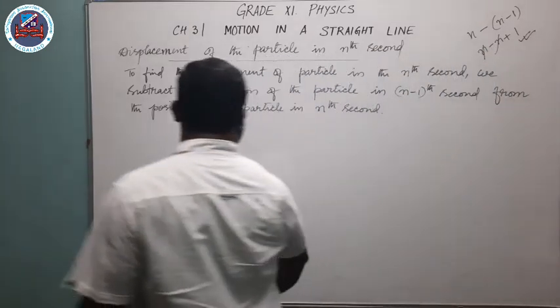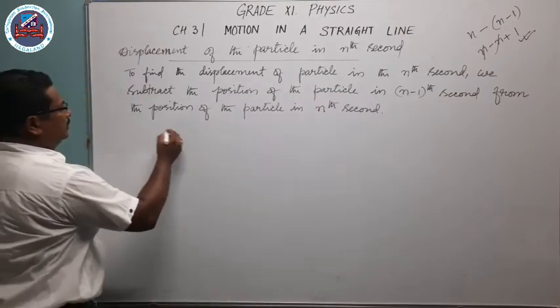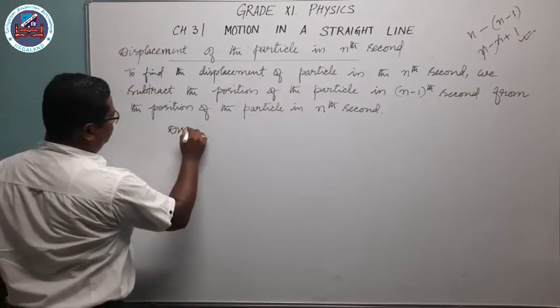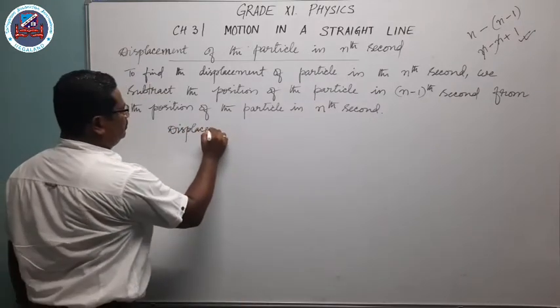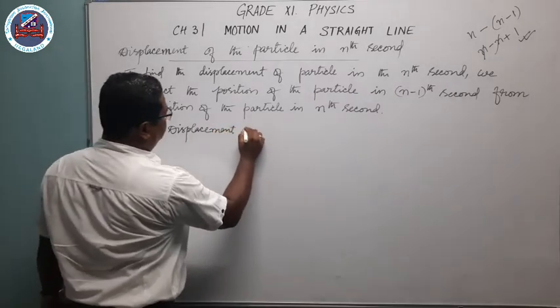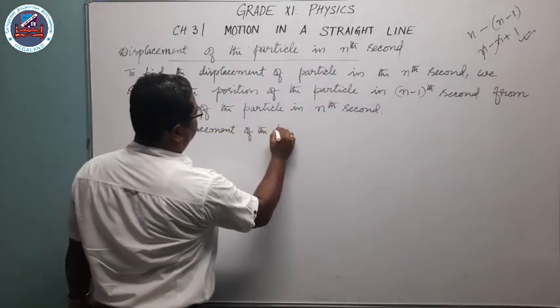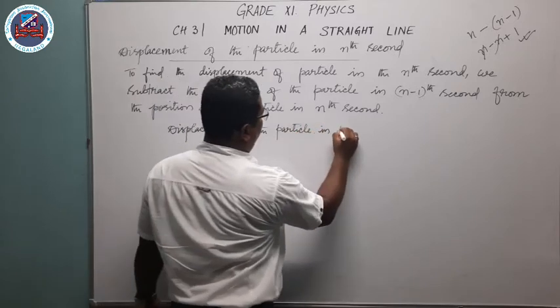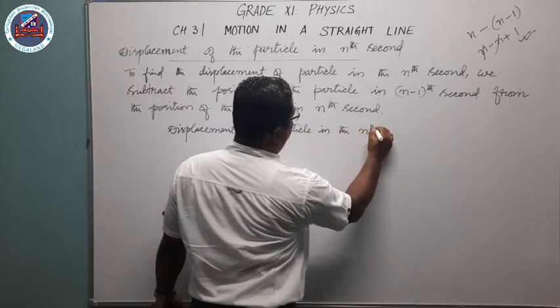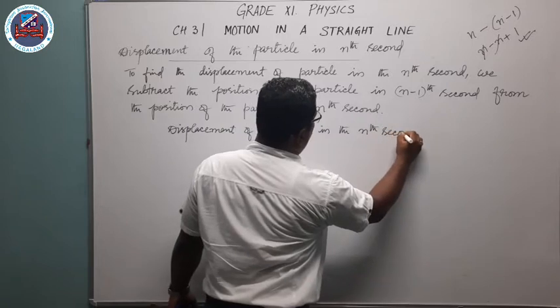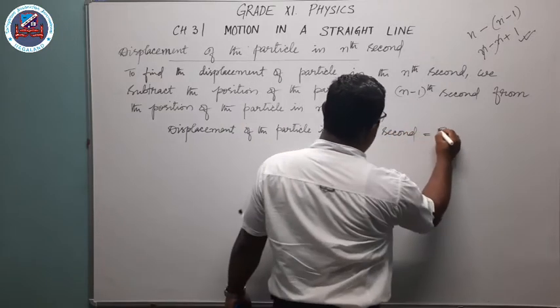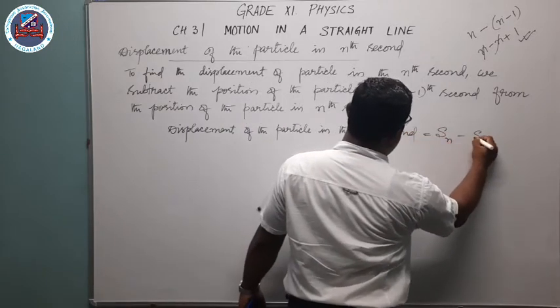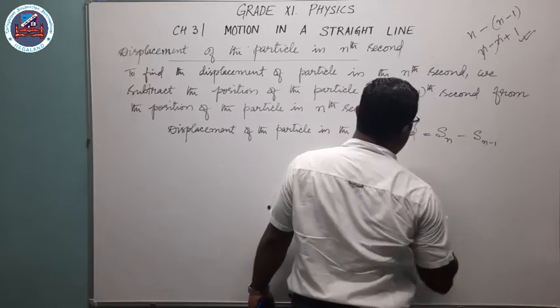So to start with, we'll do like this. Displacement of the particle in the nth second: we'll do position of the particle in nth second minus position of the particle in n minus 1 second.